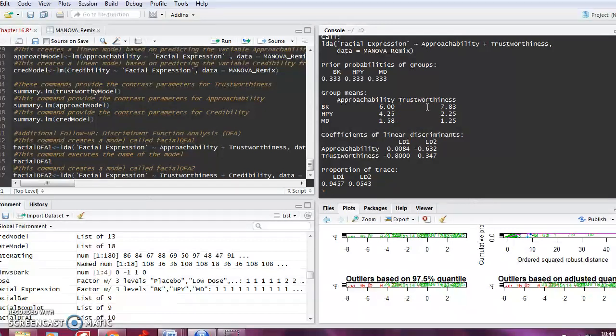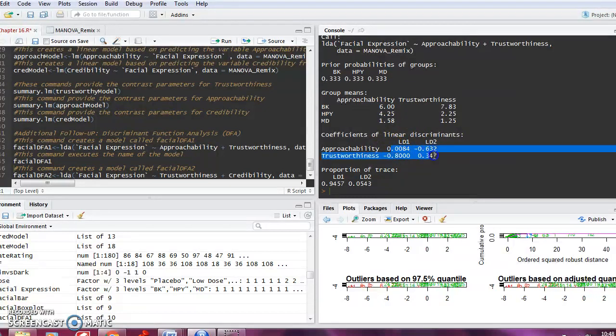Anyways, looking at our first variate, hold on, let me get my thoughts together. These are the group means, I apologize.